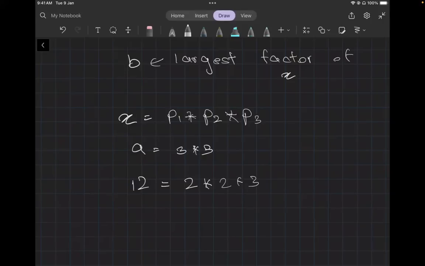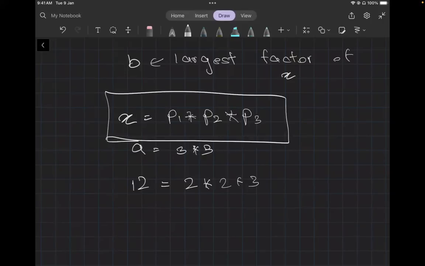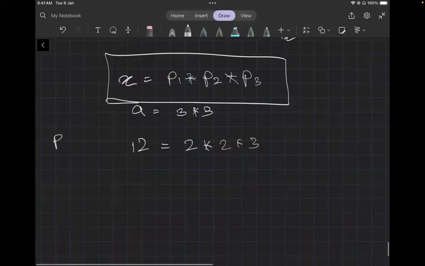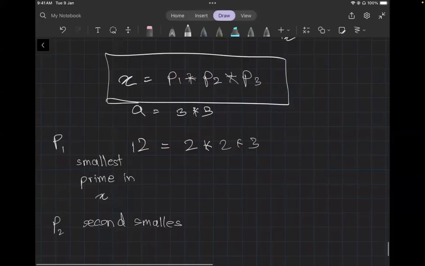It is not necessary that they are the same, but it can be said that x can be shown as a product of some primes. Now let P1 be the smallest prime in x, and let P2 be the second smallest prime in x.